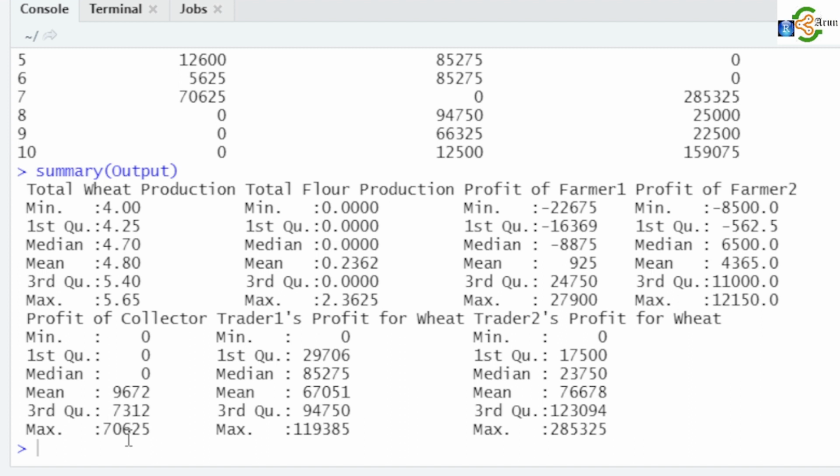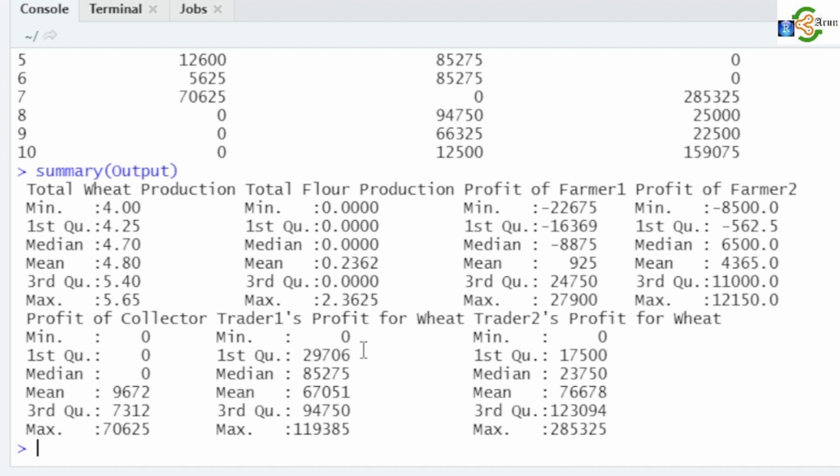Okay, at maximum the collector earned 70,625 rupees of profit, and in case of trader one, it earned 0 rupees profit. If nobody sold to trader one, then trader one cannot earn profit by selling the produced wheat or flour.